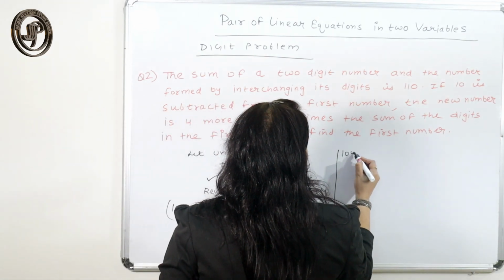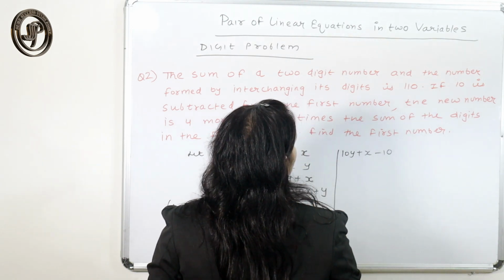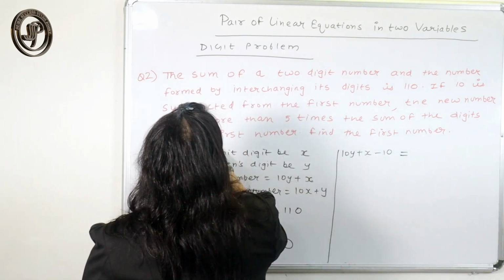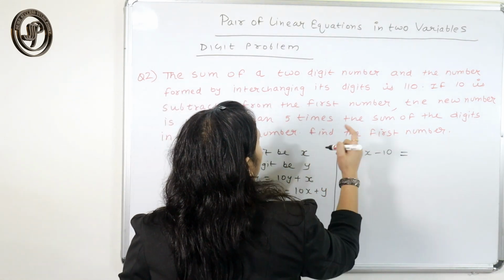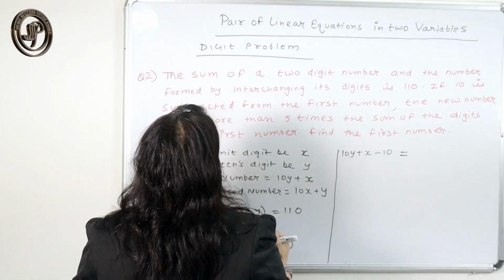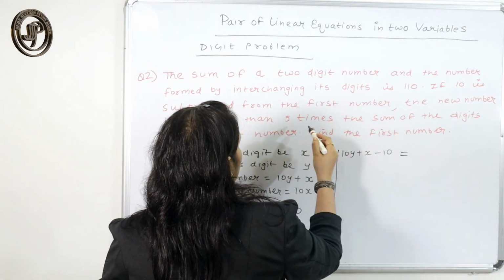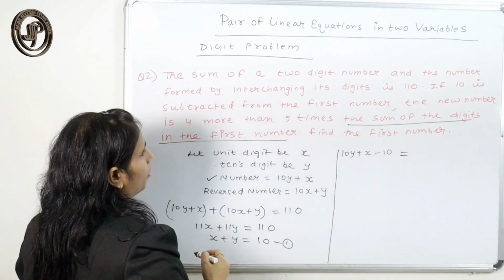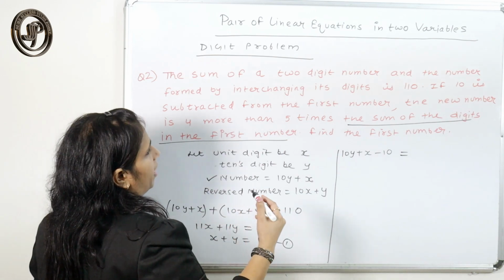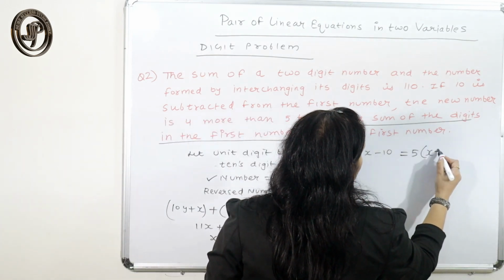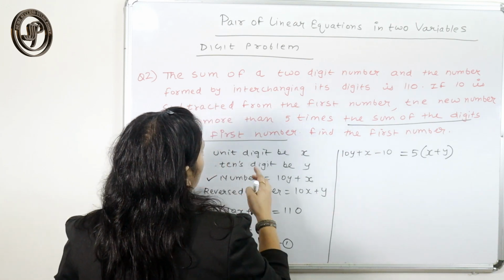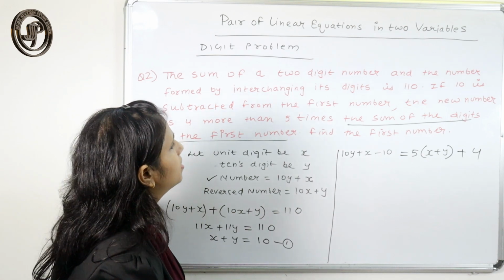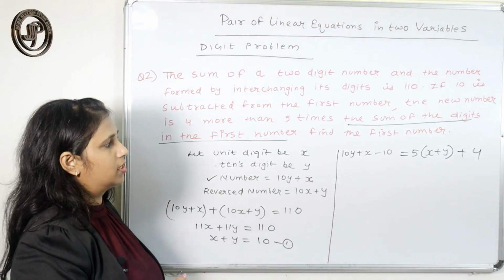They asked, if 10 is subtracted from the first number, the new number is 4 more than 5 times the sum of the digits in the first number.